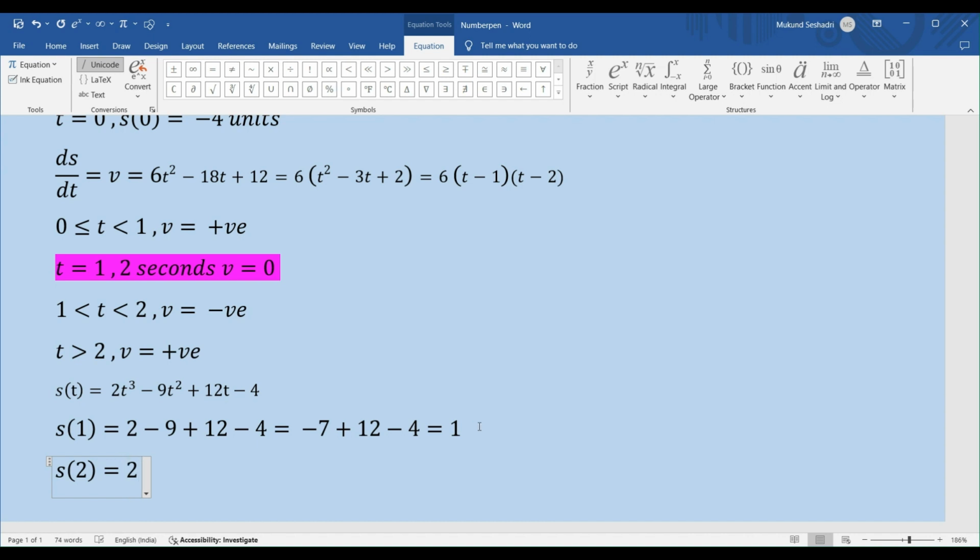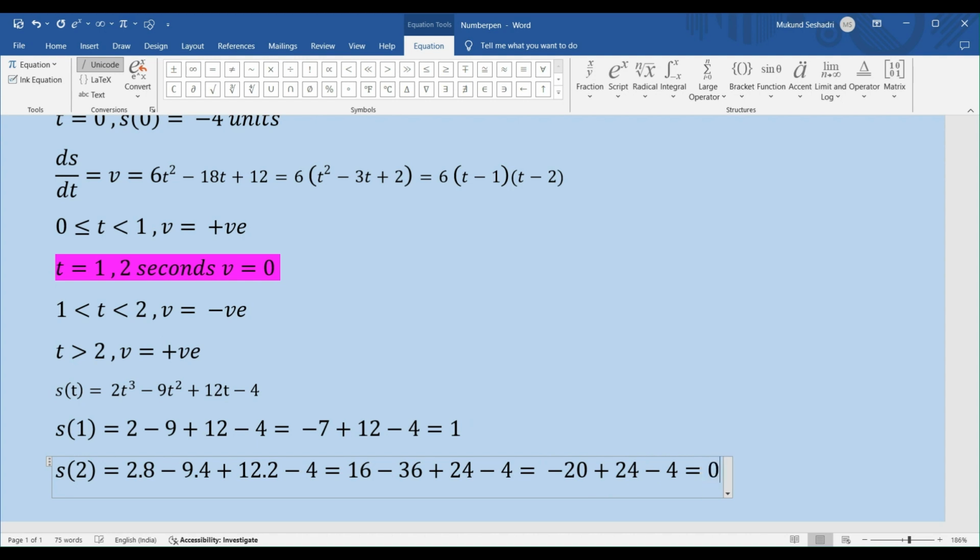So I get 2 times 2 cube, which is 8, minus 9 times 2 square, which is 4, plus 12 times 2, which is 24, and then minus 4. So let's see, what do we get? 16 minus 36 plus 24 minus 4. Minus 20 plus 24 minus 4, which is nothing but 0, right?